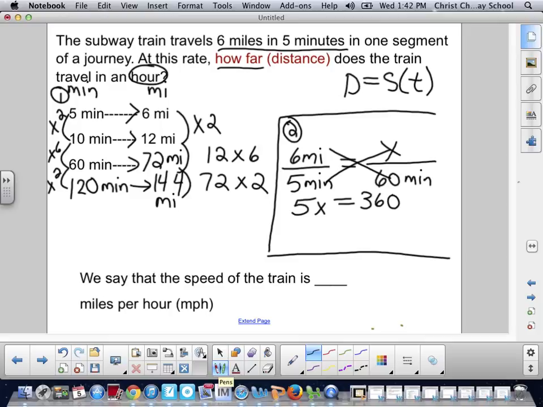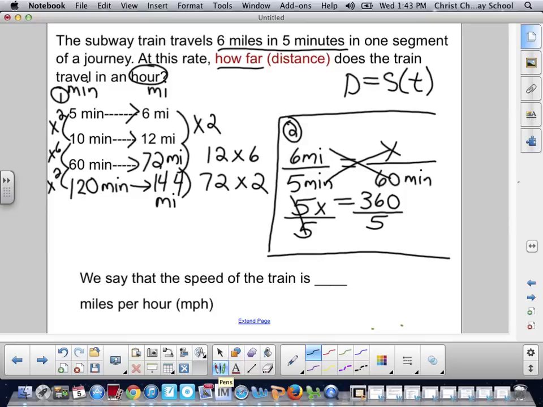And then we're going to isolate our variable, and so we're going to divide both sides by 5. And then our 5's cancel out, and we're left with x equals 360 divided by 5.